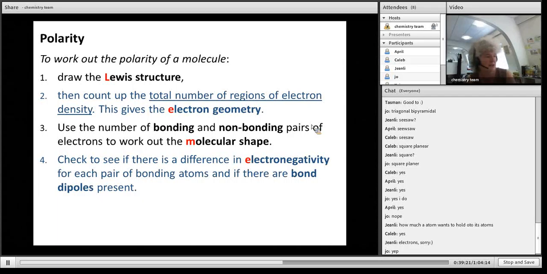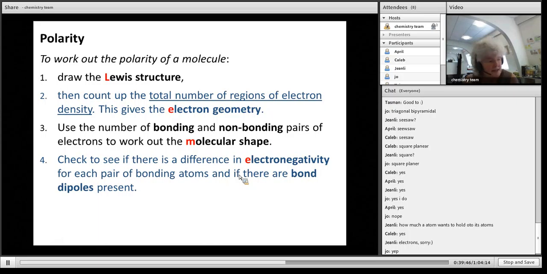If there's equal sharing, there's no bond dipole, because remember, dipole is just a fancy word for separation of charge. Everything is equal. If there's an unequal sharing, then there is a bond dipole present, like fluorine grabbing the electrons more than hydrogen.